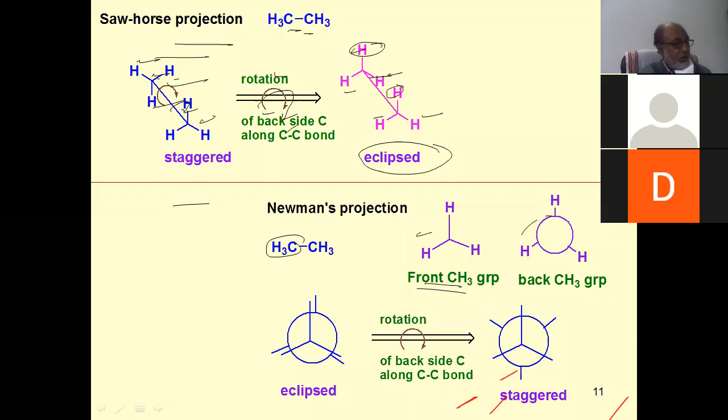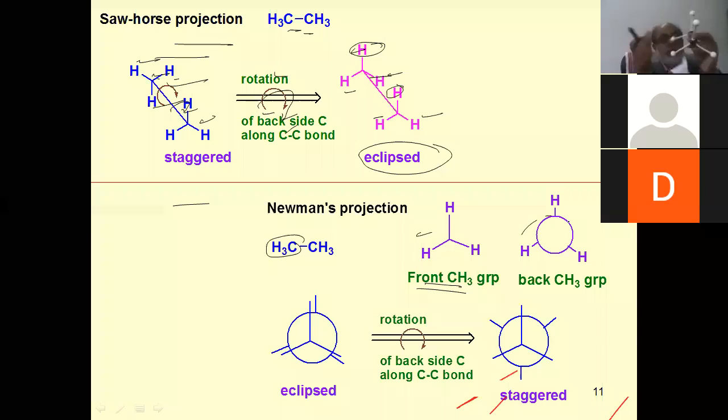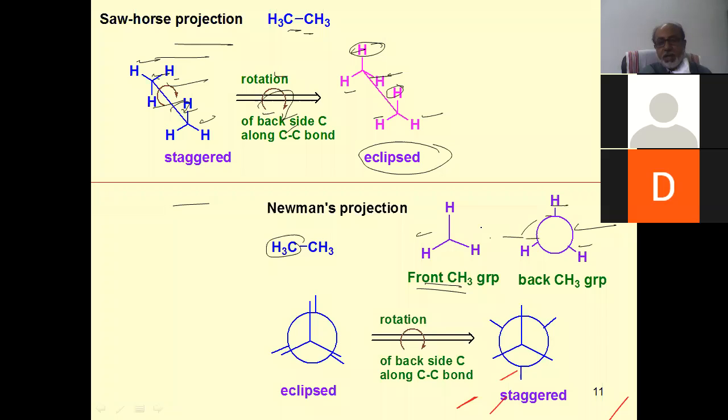When you put it, suppose this molecule you are putting in front of your eyes, this side is your front, this one is your back. So the backside of the molecule is shown by this circular line with hydrogens projecting outside like this. But they are not disconnected, they are connected to one another by this carbon-carbon bond.